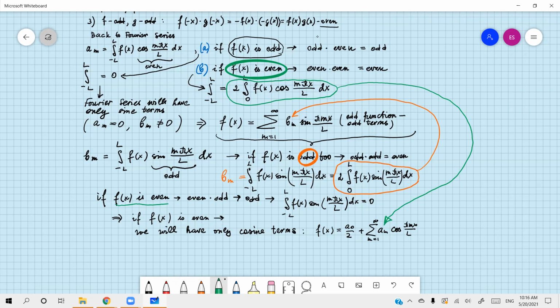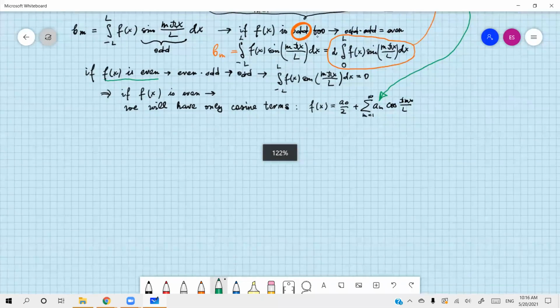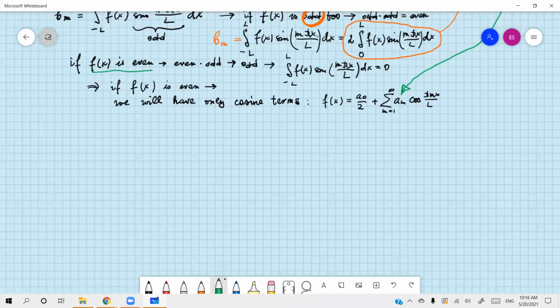Maybe I should summarize it as one or two formulas. It's going to be a little bit easier. Maybe I should use a different color. Summary from all these even and odd things. If f of x is odd, then the series for f of x is not going to have any even terms, which are the cosine terms.